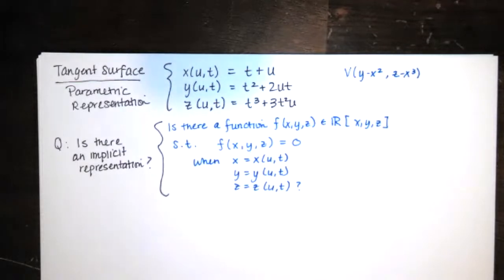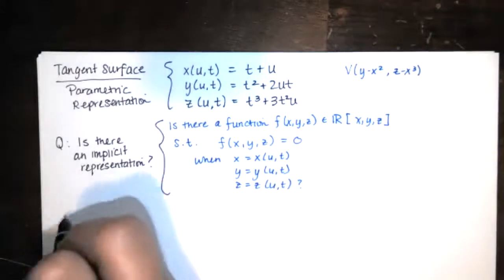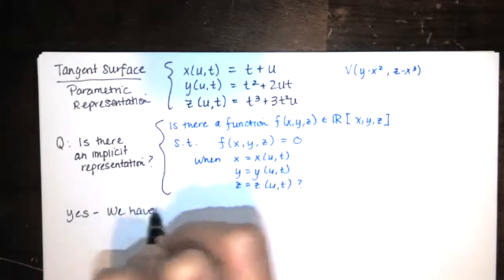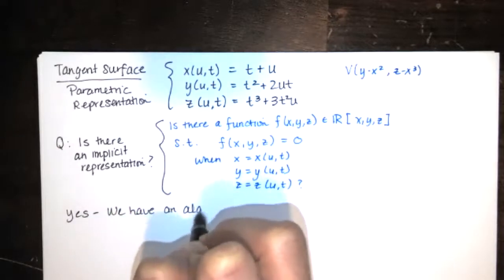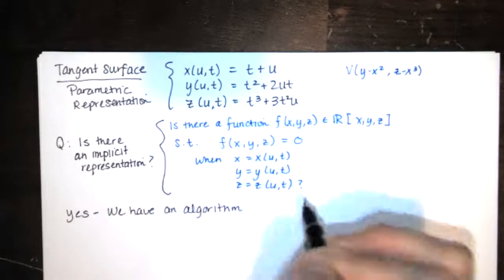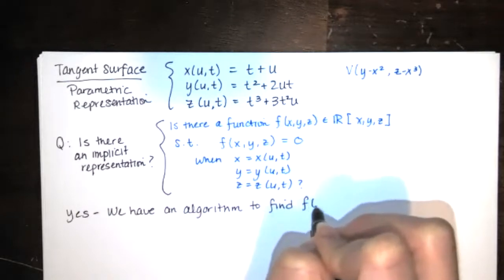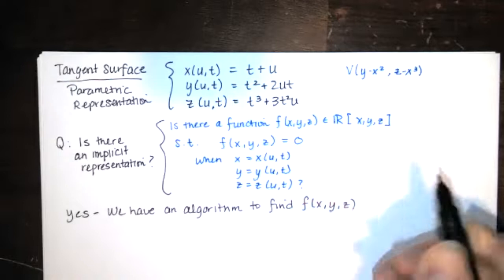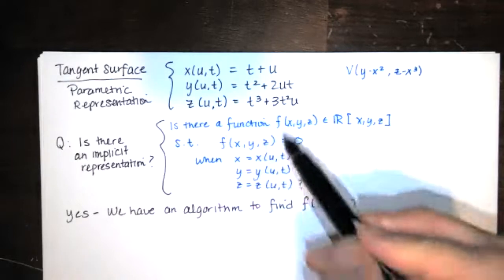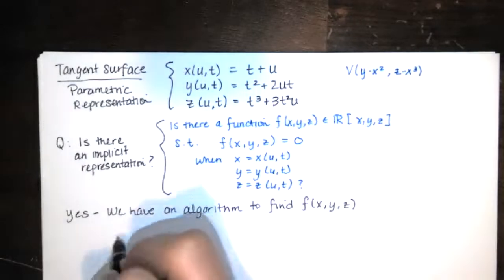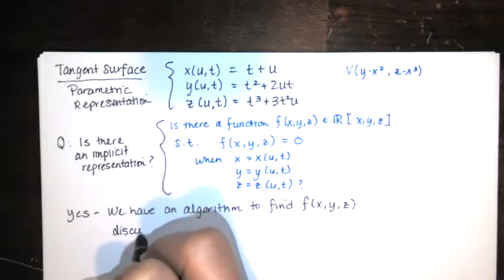Now there is an algorithm for that. So we do have an algorithm to find this polynomial function f of x, y, and z, so that f of x, y, and z is 0 when these parametric equations are satisfied. And that algorithm is discussed in chapters 2 and 3.